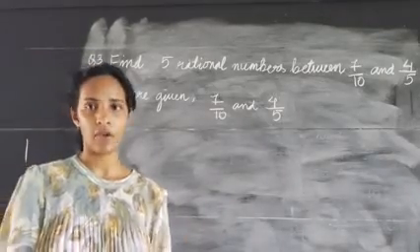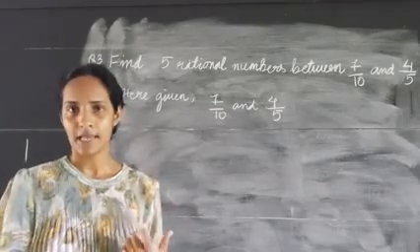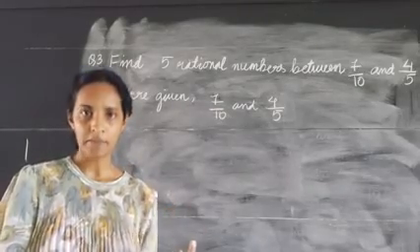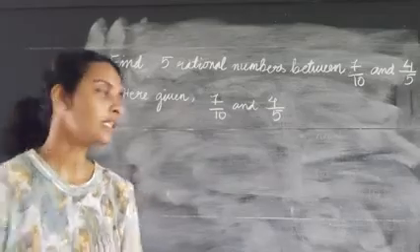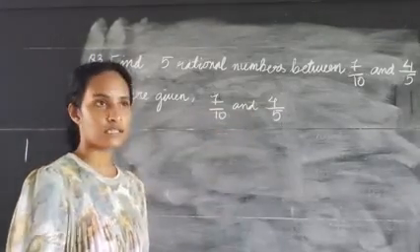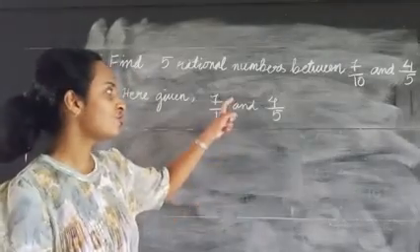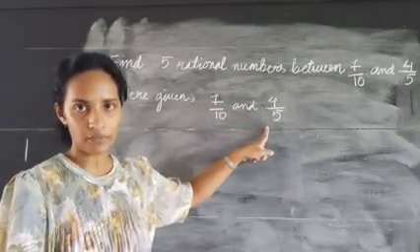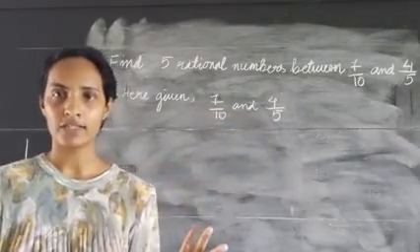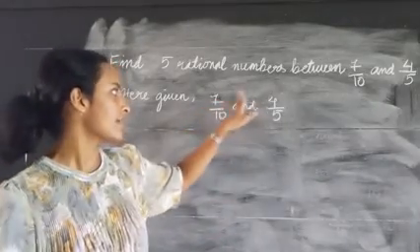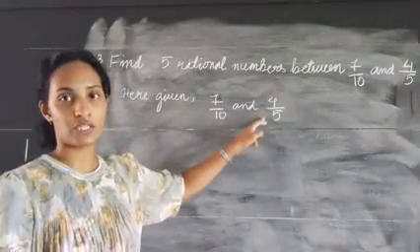So, the second step. What is the second step? If the denominators are not the same, then we make them the same. How do we make the denominators the same? Whenever you have 2 or more fractions, like 7 out of 10, 4 out of 5, these are fractions.